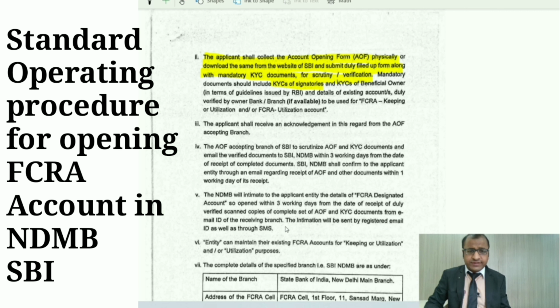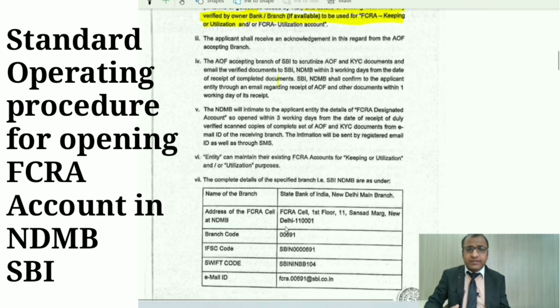KYCs of signatories, KYCs of beneficial owner, and details of existing accounts, which means the existing FCRA designated account and the FCRA utilization account, which should be duly verified by the owner bank or the branch in which the utilization account and the FCRA existing designated bank account is there.